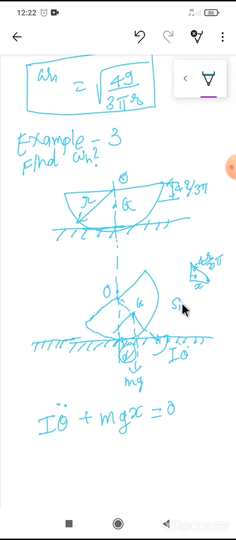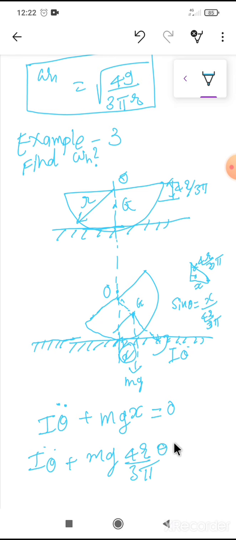Sine theta will be perpendicular upon hypotenuse, that is x upon 4r by 3 pi. So x will be sine theta into 4r by 3 pi. So I theta double dot plus mg into 4r by 3 pi into sine theta. But as theta is very small, sine theta is equal to theta.